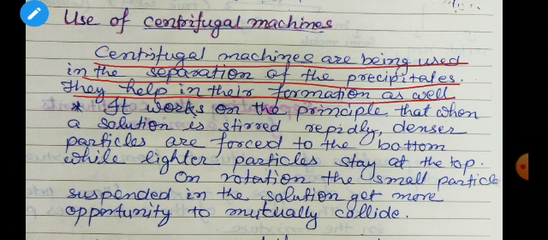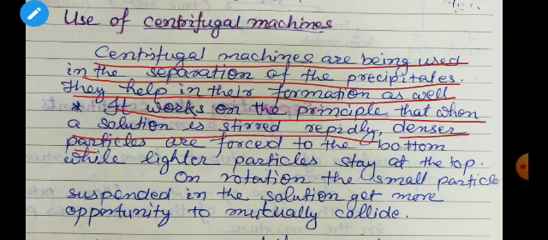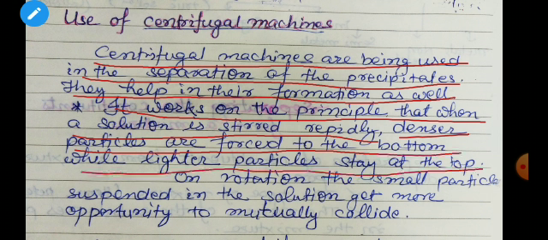As we discussed a few minutes before, the milky solution of calcium carbonate is transferred into a test tube which is placed in the centrifugal machine, and it works on the principle that when a solution is stirred rapidly, denser particles are forced to the bottom while the lighter particles stay at the top.